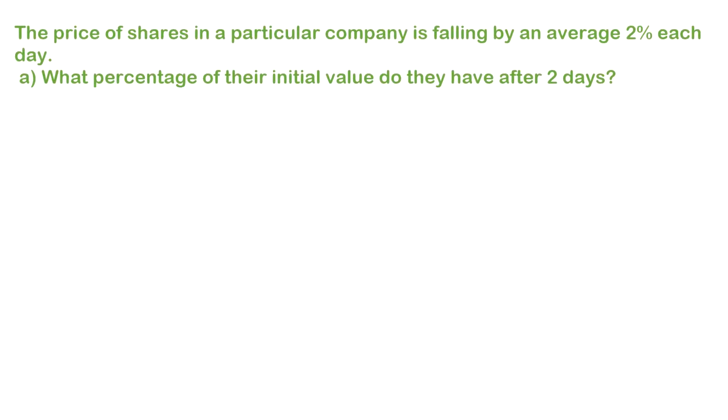The first problem we have is that the price of shares in a particular company is falling by an average of 2% each day. The first question asks us, what percentage of their initial value do they have after 2 days? Essentially, we use Tn = ARⁿ, where Tn is the percentage after so many days, and A is our starting value.